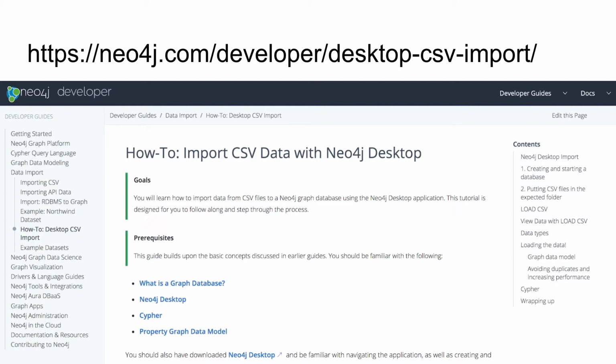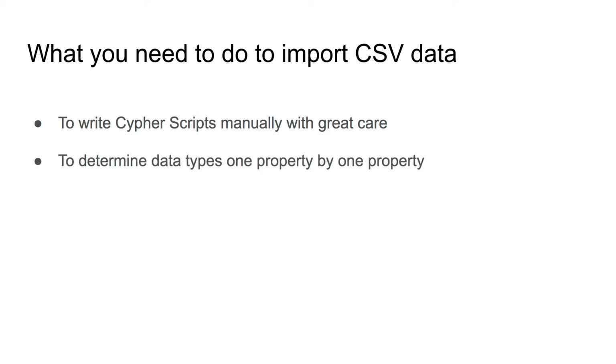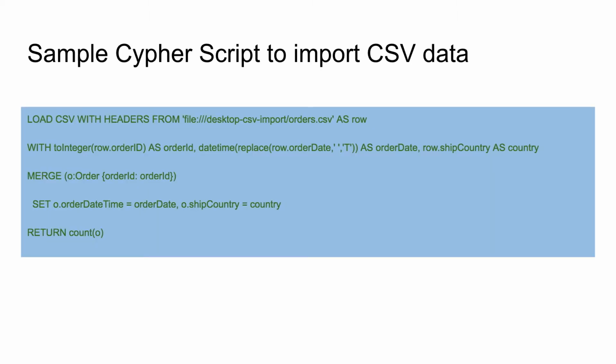However, you'd probably realize that it requires you to write Cypher scripts manually with great care to determine data types one property by one property, to prepare RDB-like well-formatted CSV data, to put the CSV file in the folder Neo4j expects in the hosting server, not on your computer.